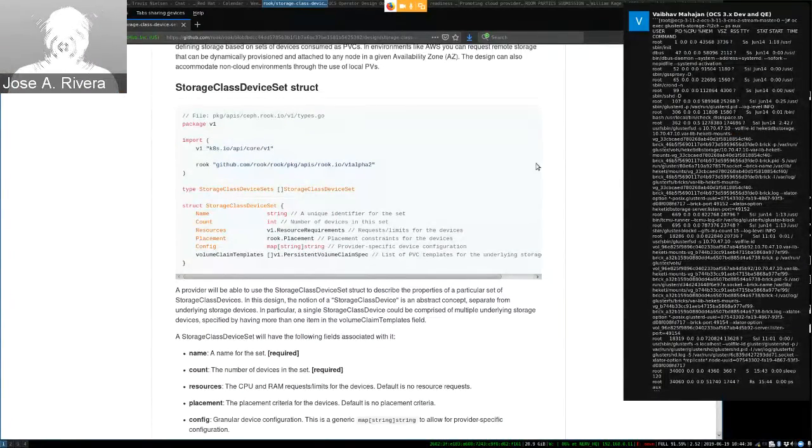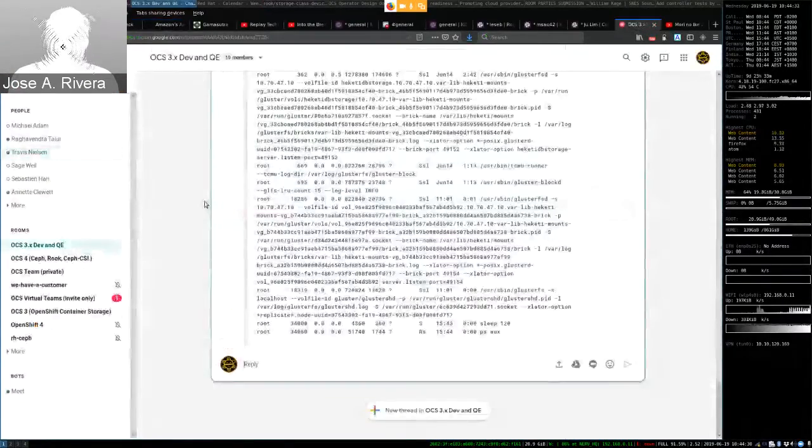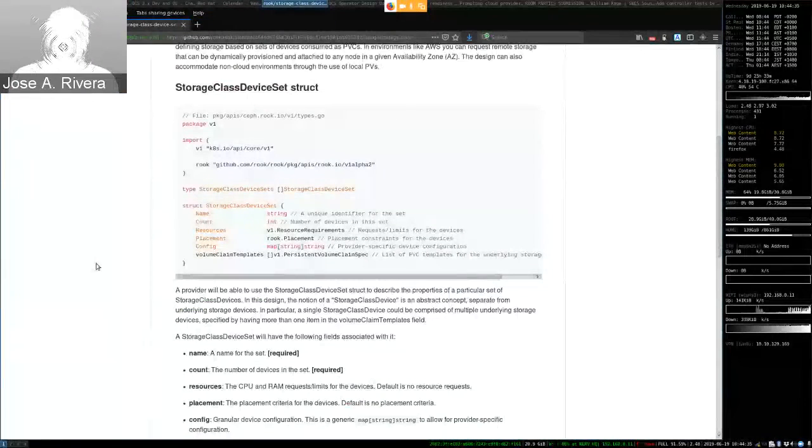So then we want a count of how many devices there will be in this device set. As mentioned, storage class devices in the storage class device set will all be largely identical. I say in air quotes. For the majority of use cases, this will be true. So each device will be provisioned with the same capacity and configuration options against the same storage class.